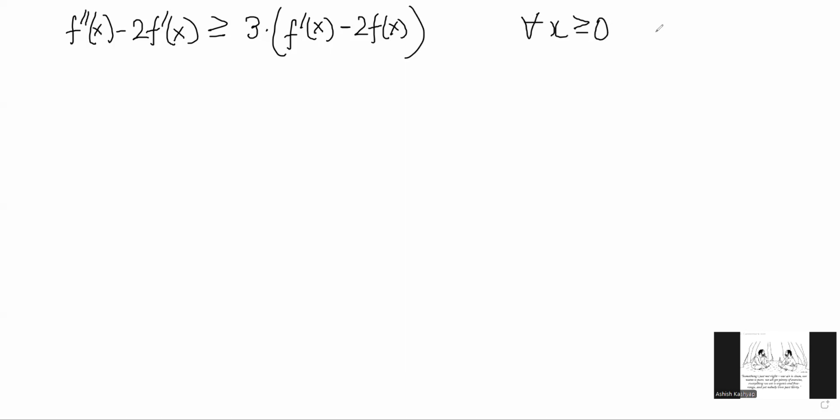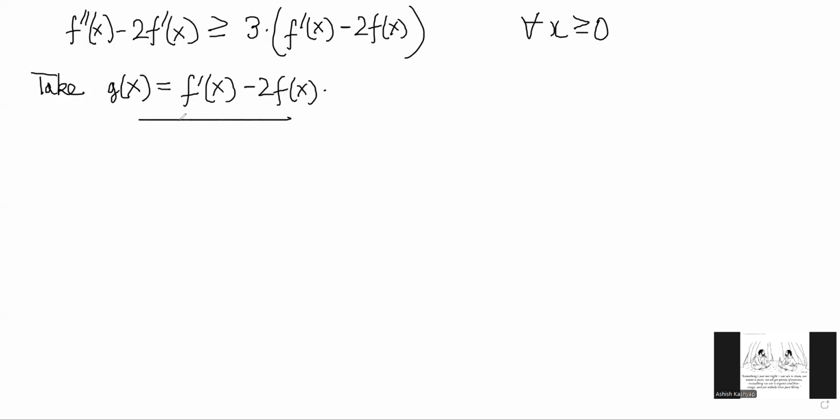So I will take a new function, g of x equal to f dash x minus 2 times f of x. Why is this better for us? Because now I can write this inequality as g dash x is greater than or equal to 3 times g of x, and this is true for all x greater than or equal to 0.